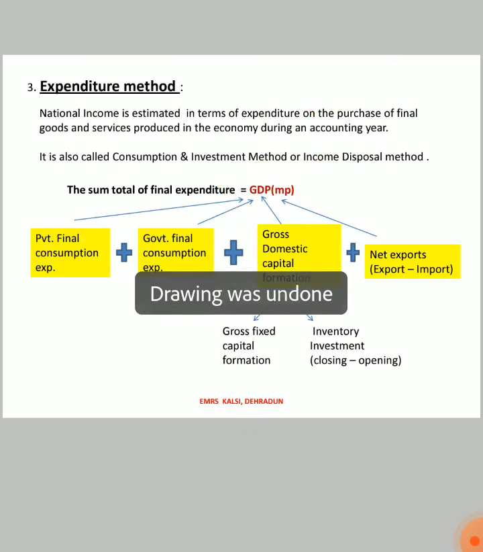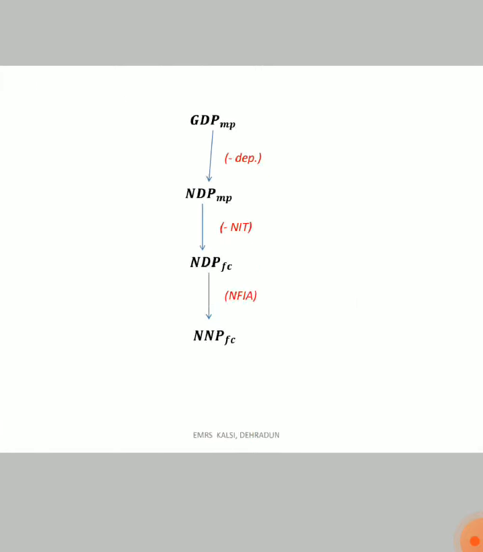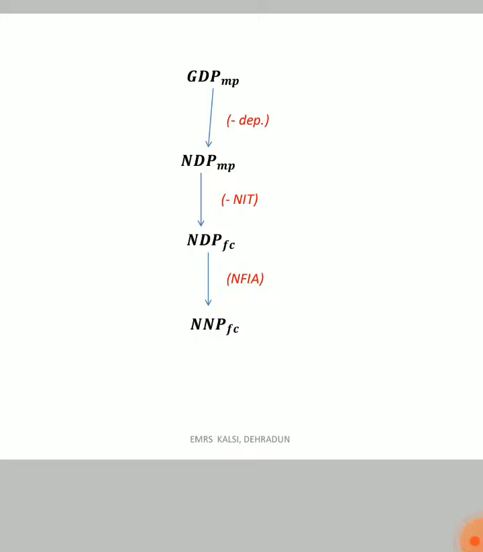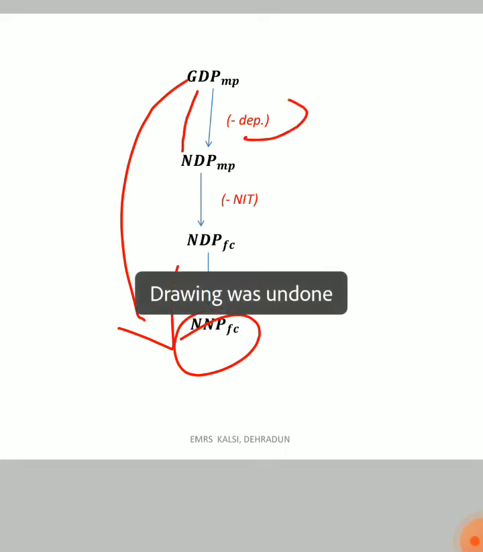Now here is how you convert GDP MP into NNP FC. First you convert gross into net by subtracting depreciation.